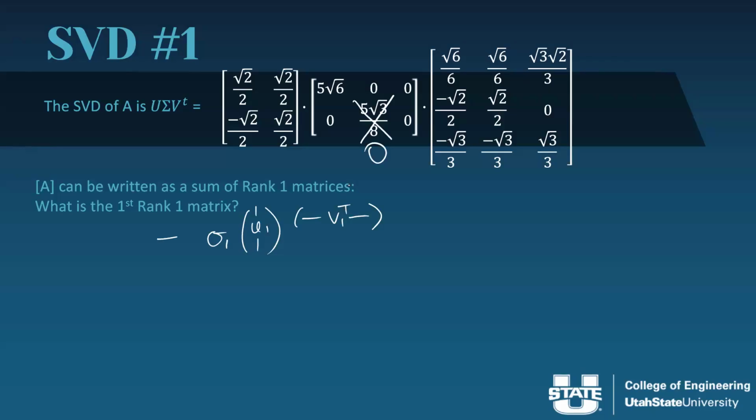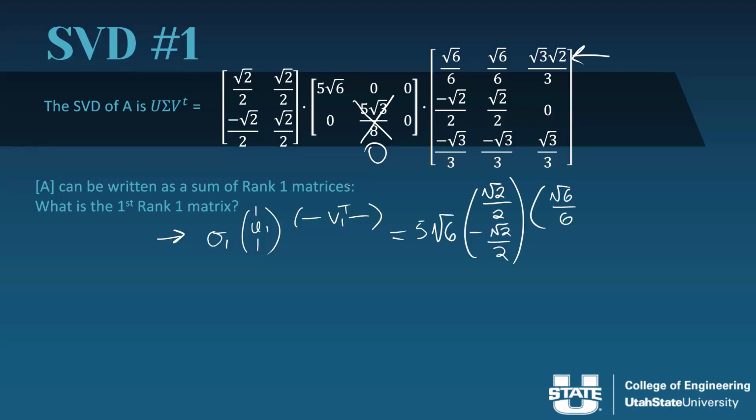I kind of like using the first method just because then I don't have to multiply full matrices with each other. So when we do this, we would have our 5 root 6 times our first column of U, which is root 2 over 2 and minus root 2 over 2, multiplied by our first row of V transpose, which is root 6 over 6, root 6 over 6.